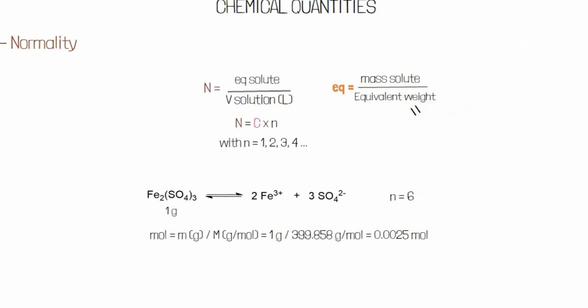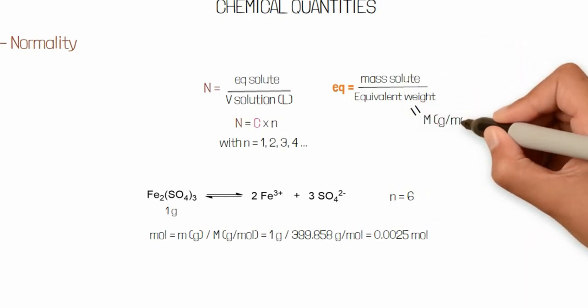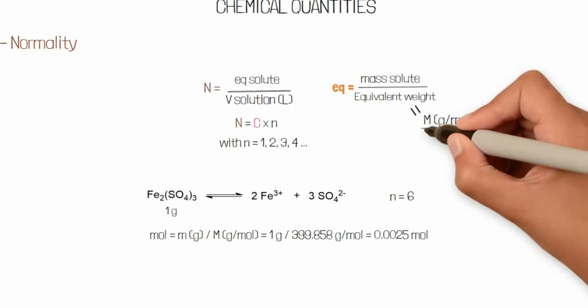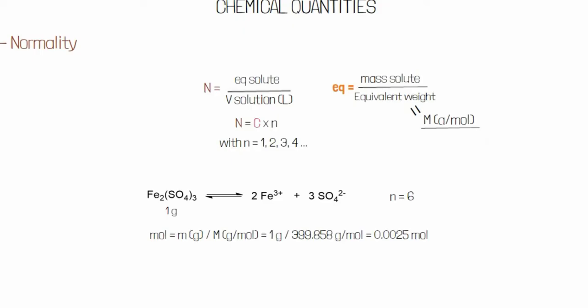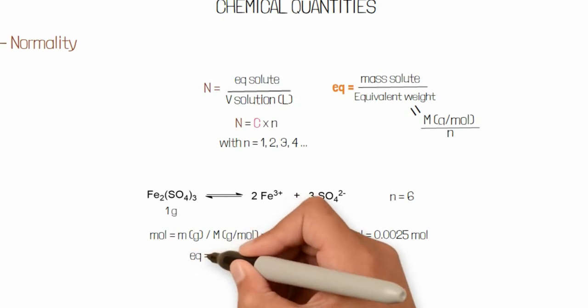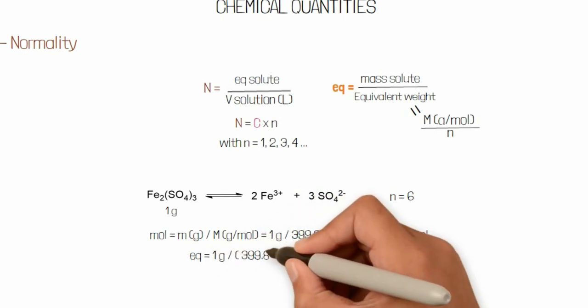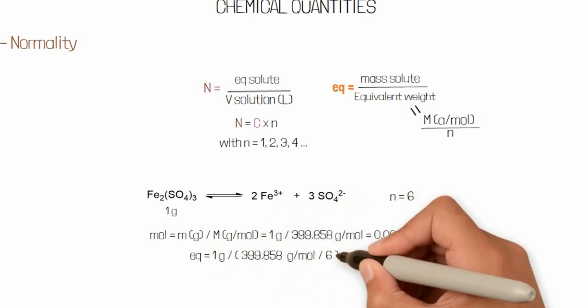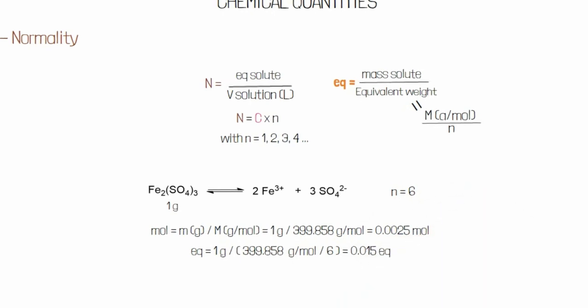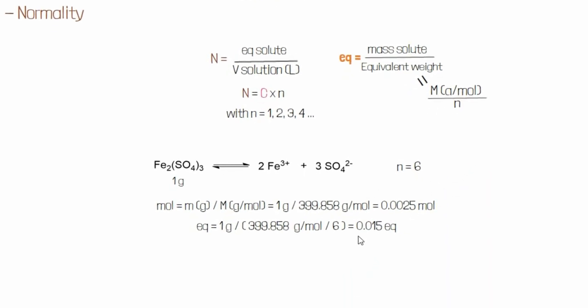Now the equivalent weight is given by the molar mass, which we already know, divided by N. So it's just the molar mass of your solute, in this case our iron sulfate, divided by N, so N is 6. Okay, so equivalent will be 1 gram divided by 399.858 divided by 6, which is equal to 0.015 equivalents.